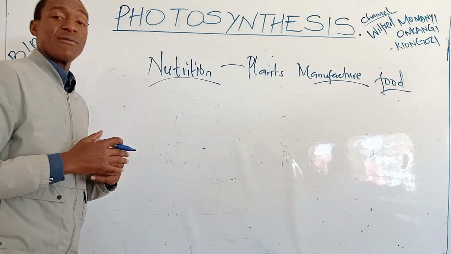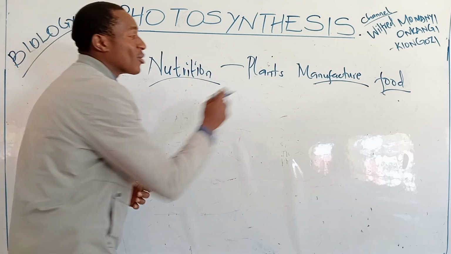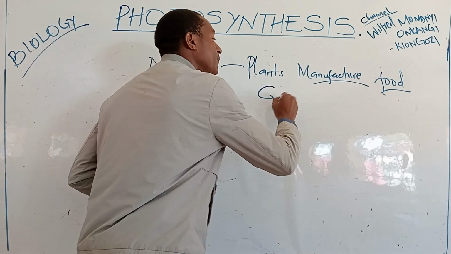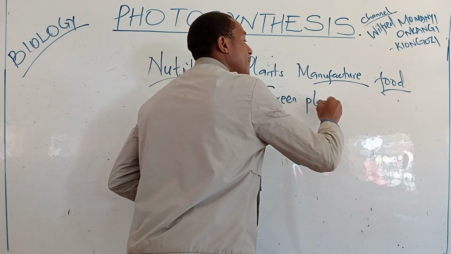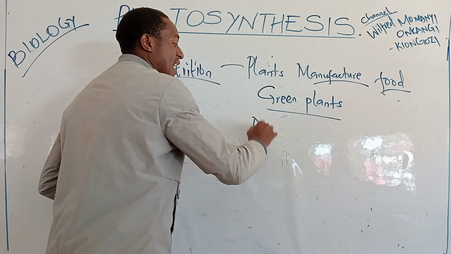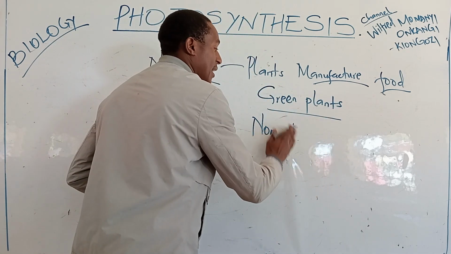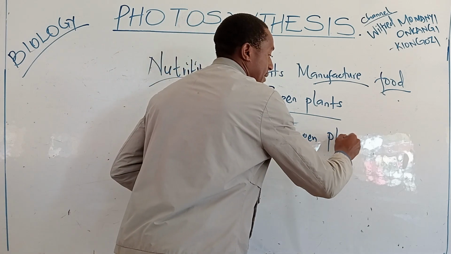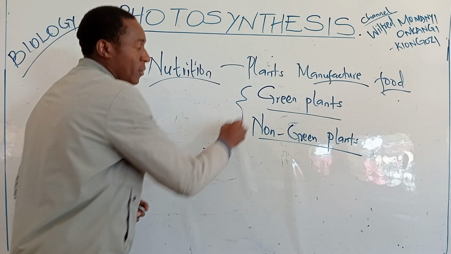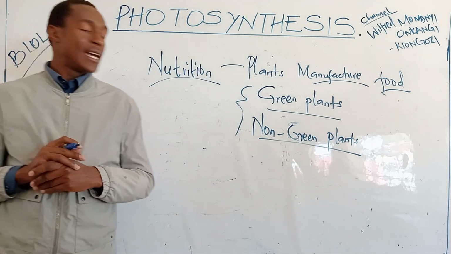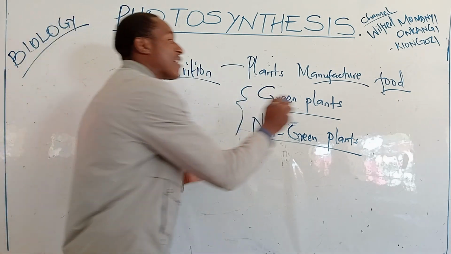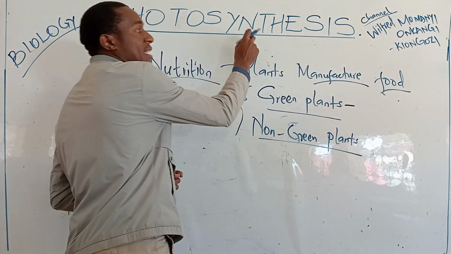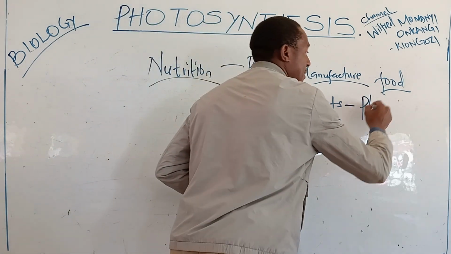We have two types of plants, two categories, and as far as color is concerned, we have green plants. We also have non-green plants. So all plants will manufacture their own food, but green plants will manufacture their own food by the process of photosynthesis.